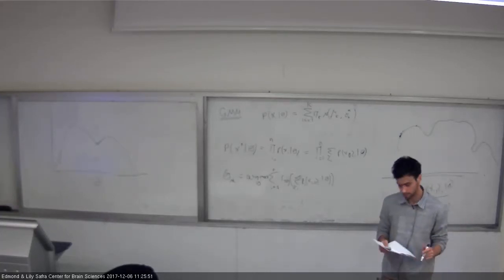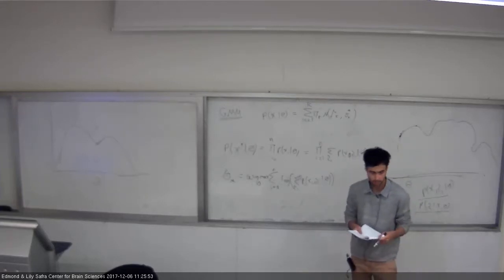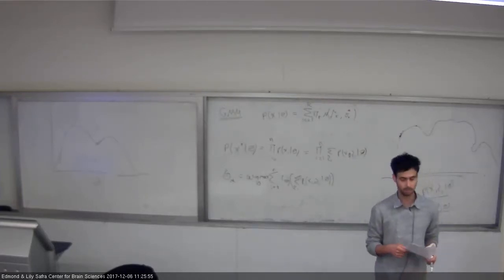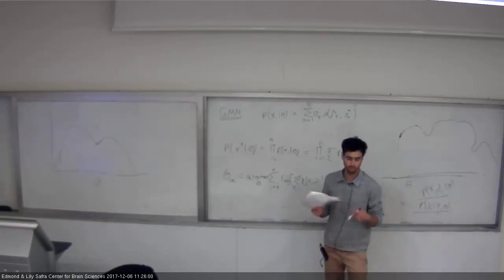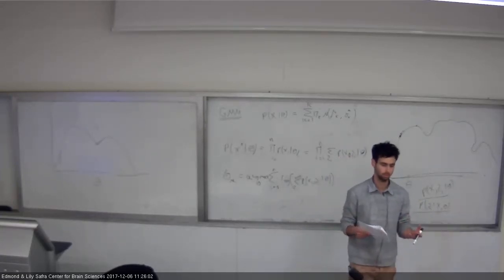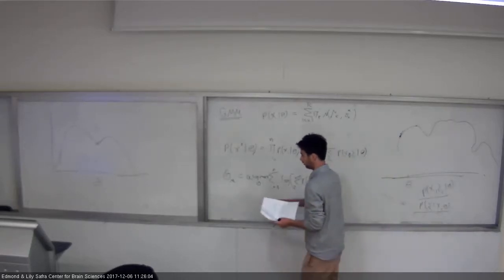Okay, so as I said, we have two steps in the algorithm. First is the E step, or the expectation step, when we maximize the expectation of the log likelihood, of the full log likelihood. What does it mean?